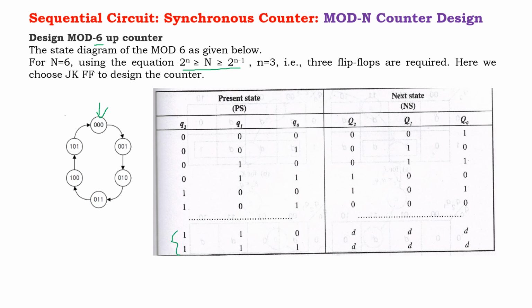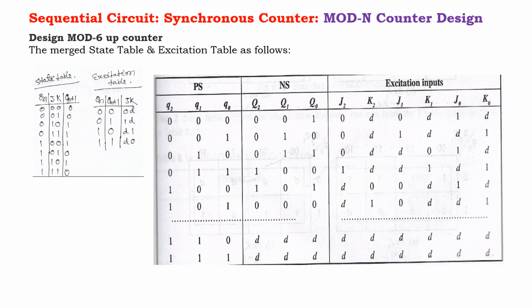The other two states will be don't care. Put these J2, K2, J1, K1 and J0, K0 values in the Karnaugh map, where the map variables are Q2, Q1 and Q0.